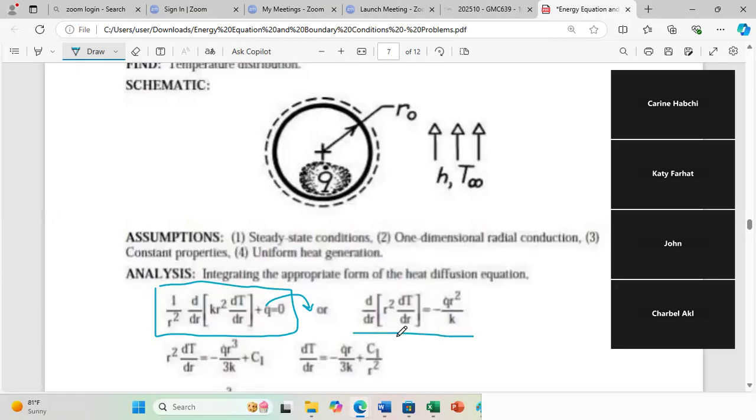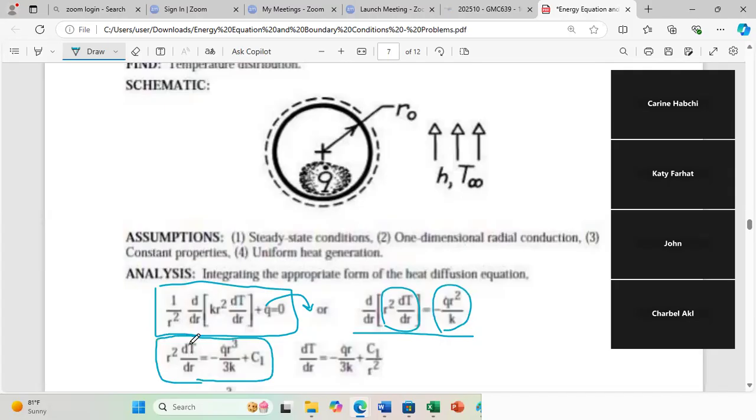So if we integrate this term, we get R squared dT by dR equals minus Q dot R cube over 3K plus constant C1. So this is the result after the first integration.